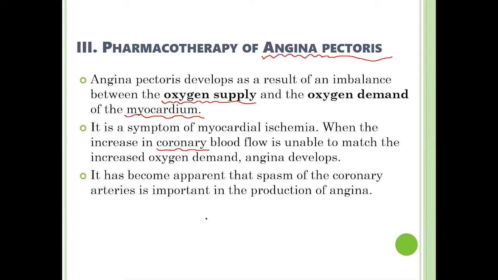Then the heart muscles don't get enough oxygen. And sometimes it's not truly blocking. It's the coronary arteries having some spasm, which still decreases the amount of blood sent and the oxygen sent to the heart. So that's what we're talking about with angina.